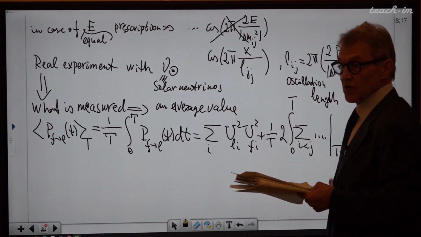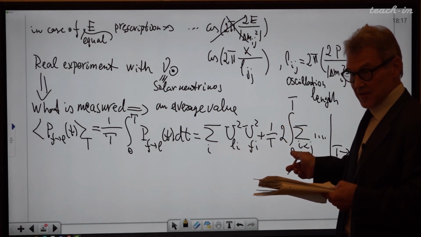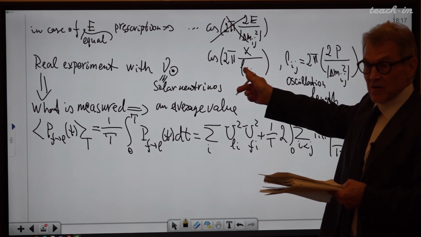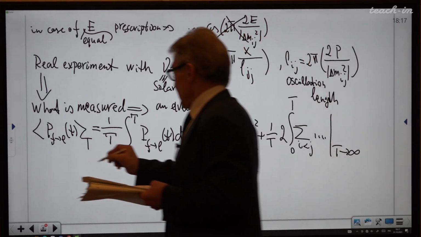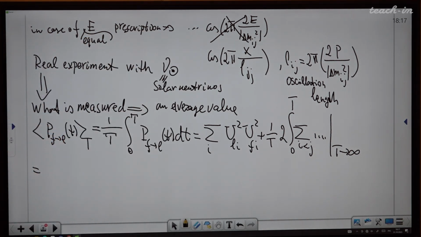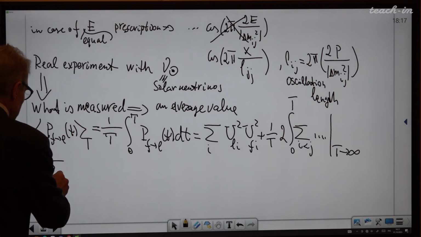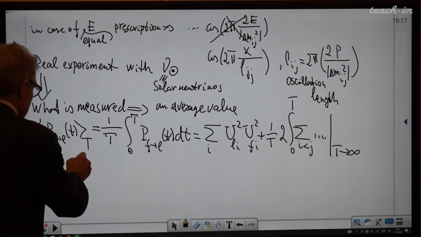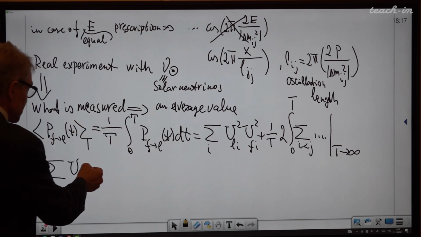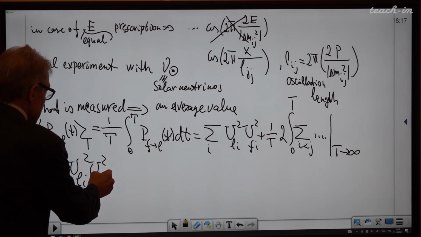Obviously, this term washes out because of the dependence on running time through this cosine. So we get that for interpretation of a realistic experiment with detection of solar neutrinos, we should use only the first term, which survives due to the physical conditions of the experiment of production and detection of neutrinos in this case: the sum of U Li squared U Fi squared.